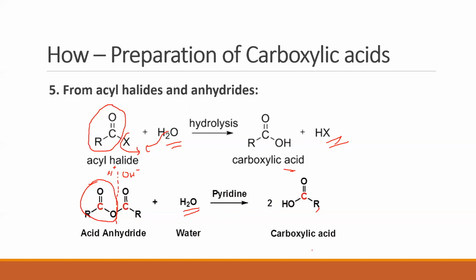I want you to start with acetic anhydride and find out which carboxylic acids are obtained. Clear? For this, you should know what acetic anhydride is. So go back, find out the structure of acetic anhydride, and then complete this reaction.